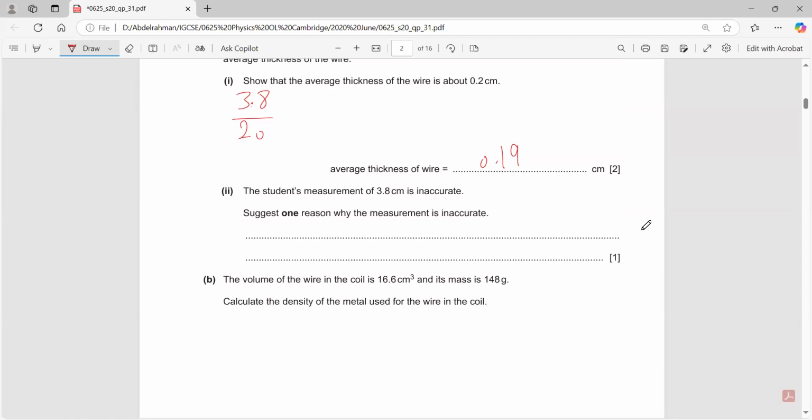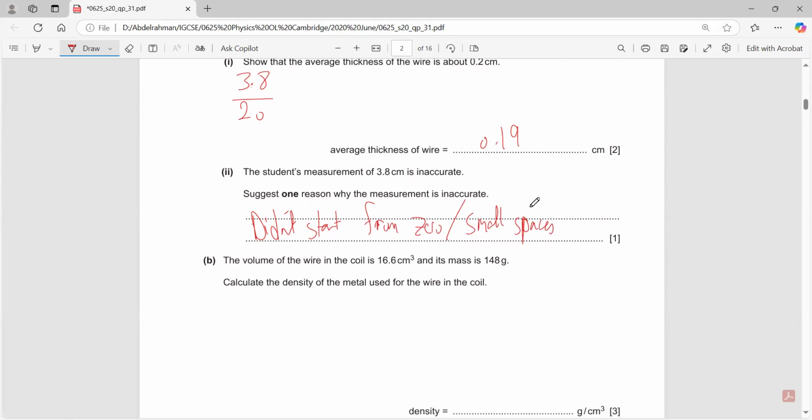So it didn't start from zero, or small spaces between the coils could affect the reading.